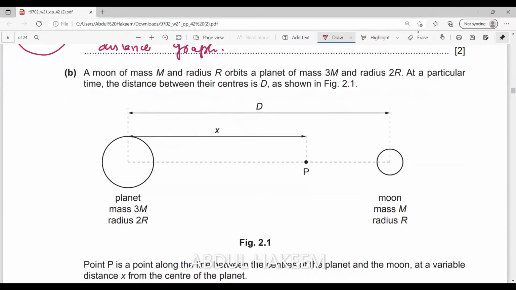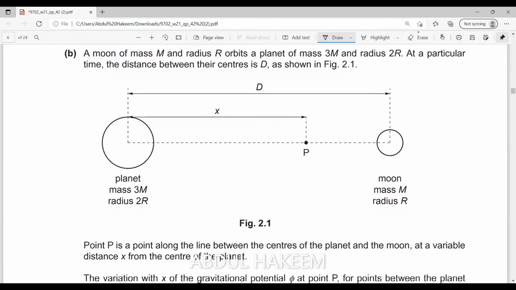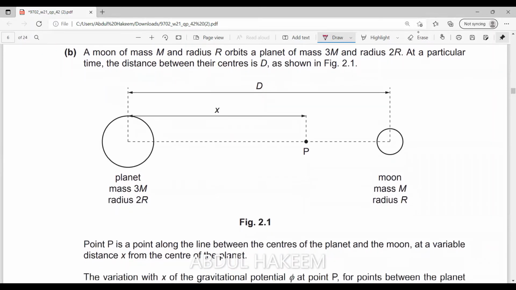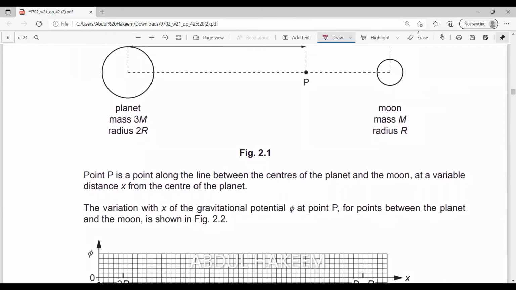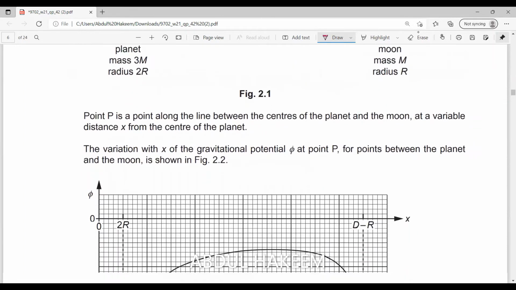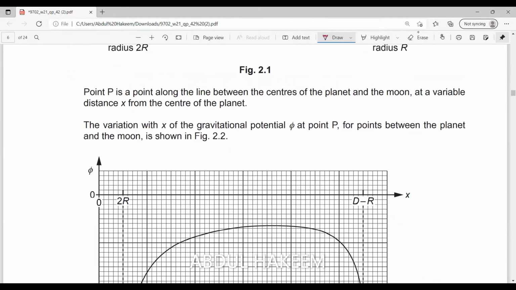Next, a moon of mass m and radius r orbits a planet of mass 3m and radius 2r. At a particular time, the distance between their centers is d, as shown. The point P is the point along the line between the center of the planet and the moon at a variable distance x from the center of the planet. Suppose the planet is Earth.